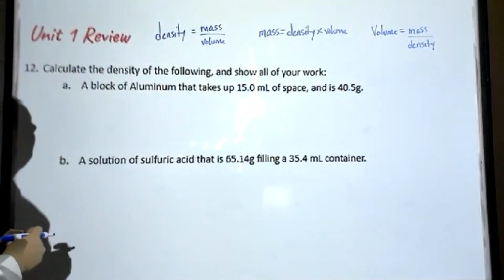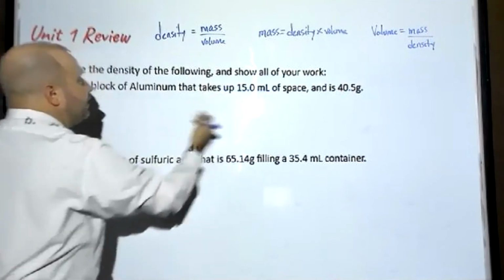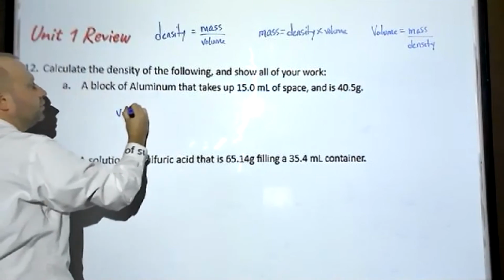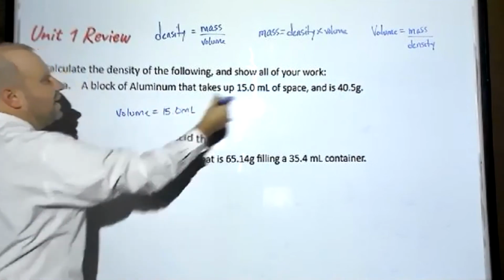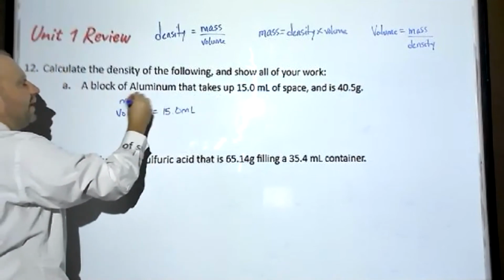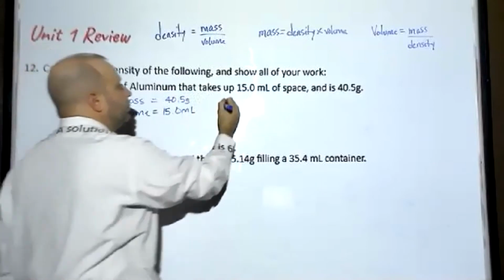The first one says a block of aluminum takes up 15 milliliters of space. That's your volume. Volume equals 15.0 milliliters. And the second part is the mass. So the mass is equal to 40.5 grams.